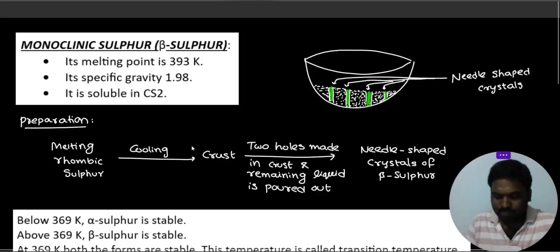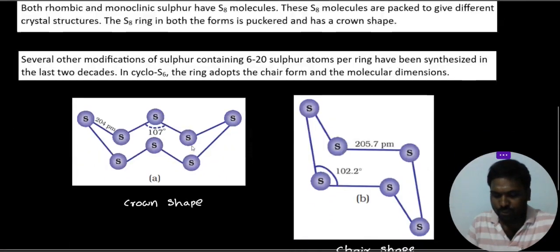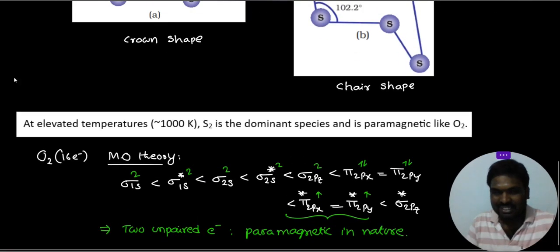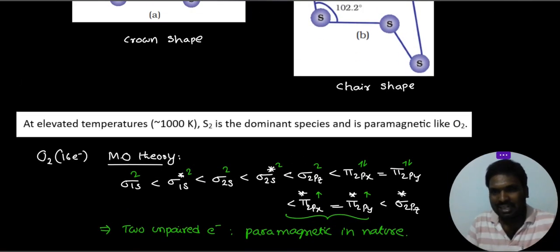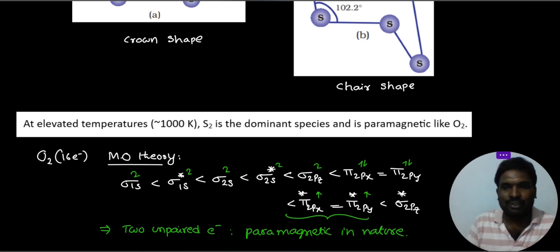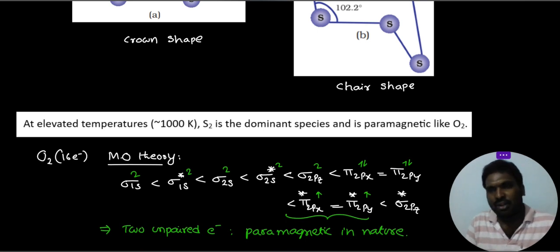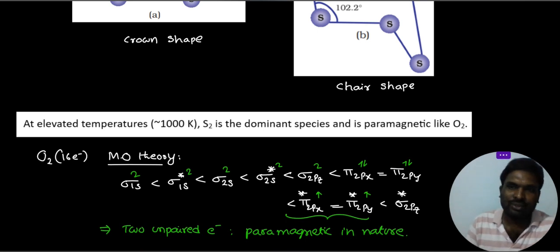I hope this video is very helpful to you. Clear everyone? Yes. O2 molecule is paramagnetic. Similarly, S2 molecule is also paramagnetic. You know, at elevated temperatures, S8 and S6 are converted into S2. That is the dominant particle, S2 exists. So it is paramagnetic based on MO theory. Okay, thank you. Thank you so much.